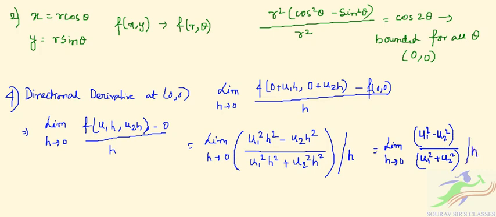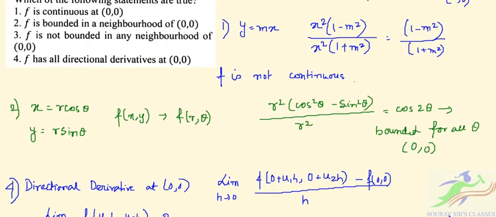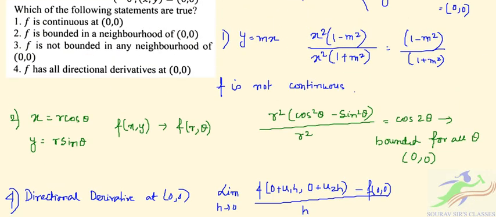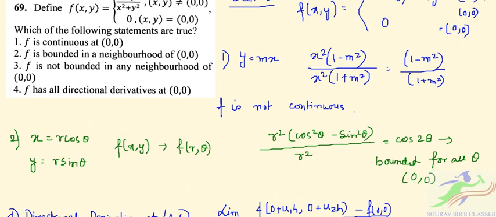As h tends to 0, the limit doesn't exist. So option 4 is not correct. We have only option 2 as the correct one: f is bounded in a neighborhood of (0,0).